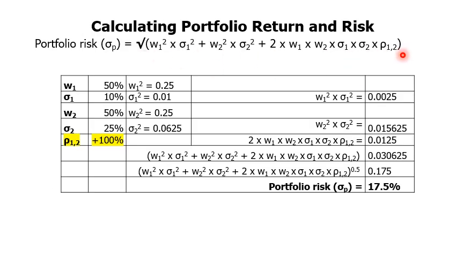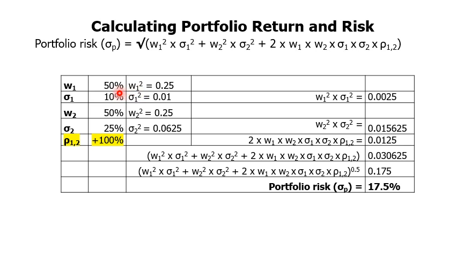Using this formula, let's calculate the portfolio risk for a portfolio where we have two securities with equal weight, 50% each, but the standard deviations sigma 1 and sigma 2 are 10% and 25% respectively. To calculate the portfolio risk, we first square the weights, W1 square and W2 square, and we square the standard deviations, sigma 1 square and sigma 2 square.